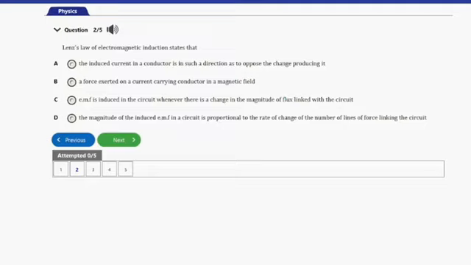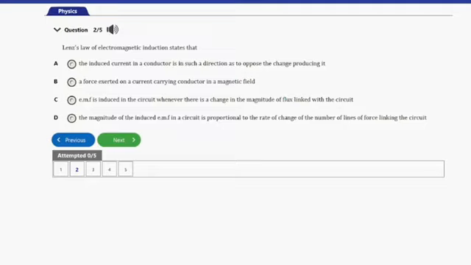C. EMF is induced in the circuit whenever there is a change in the magnitude of the flux linked with the circuit. D. The magnitude of the induced EMF in a circuit is proportional to the rate of change of the number of lines of force linking the circuit.